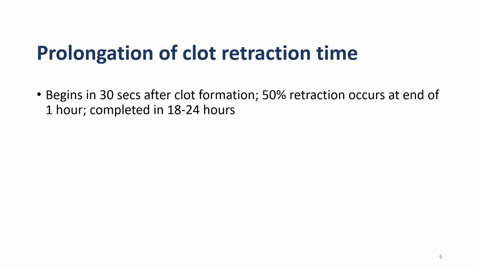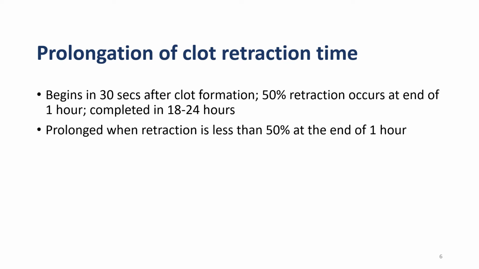Normally, clot retraction begins 30 seconds after clot formation. 50% of the retraction occurs at the end of 1 hour and it is completed in 18 to 24 hours. Clot retraction time is said to be prolonged when retraction is less than 50% at the end of 1 hour.